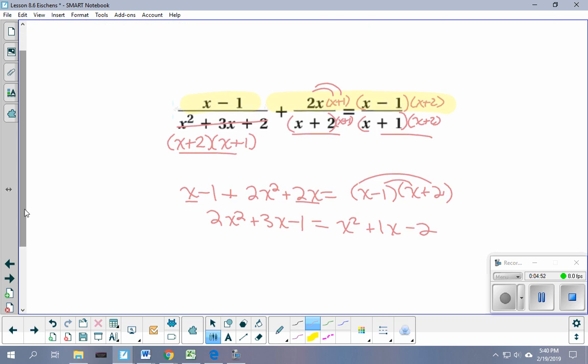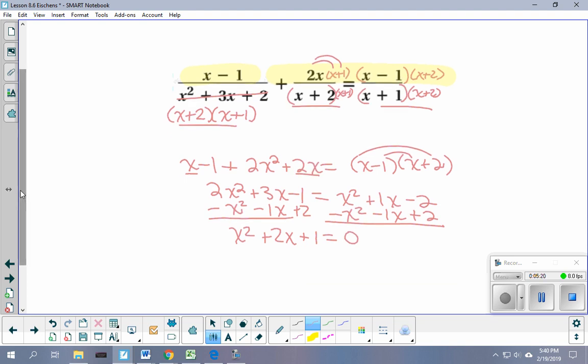And to solve a quadratic equation, we want to get everything on one side and 0 on the other. So we'll subtract the x squared first of all. So that would give us 1x squared. Subtract 1x from both sides. So that gives us 2x, and then we will add 2. So that would give us 1.